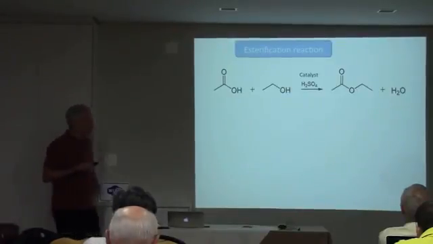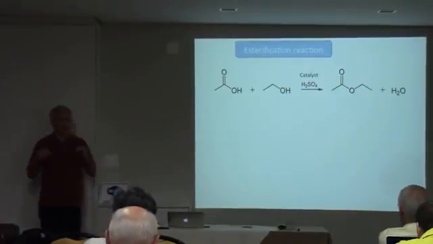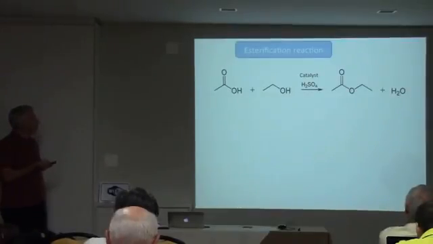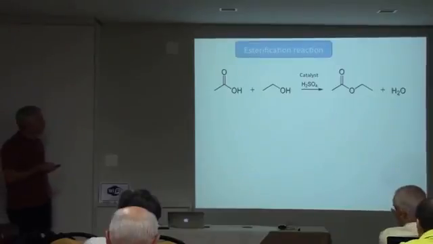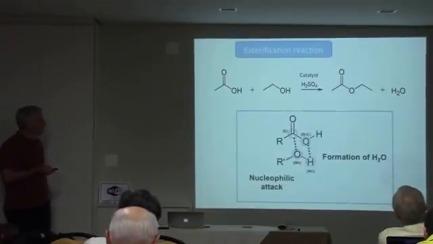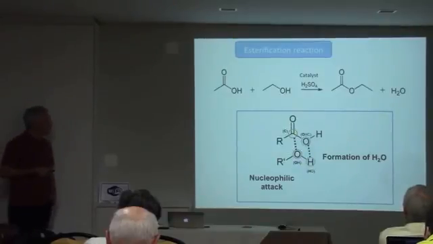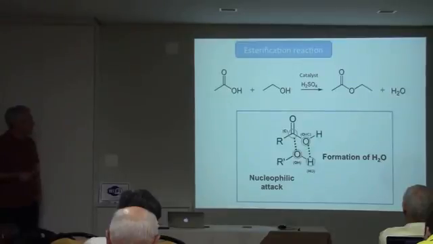How is an ester formed? Just remembering from basic chemistry, in the esterification reaction there is a nucleophilic attack from the oxygen in the alcohol group to the carbon of the carboxylic group, and also the interaction between this hydrogen and this oxygen, forming a water molecule and the corresponding ester bond.